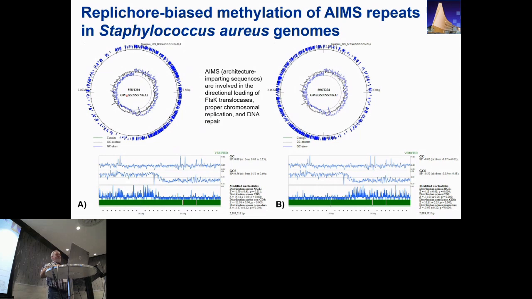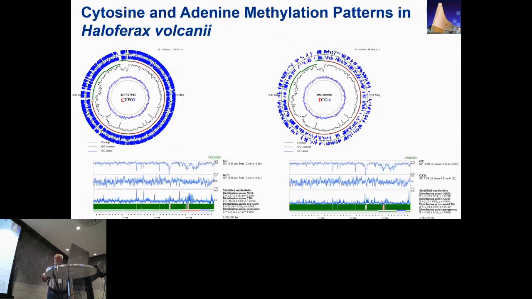Okay, another interesting approach is that we can compare the distribution of methylated sites in chromosomes and plasmids. In this case, we have one archaeon, Haloferax volcanii. It has two patterns of methylation: cytosine and adenine. What is interesting, cytosine methylation is abundant in plasmids, but relatively rare in chromosomes.